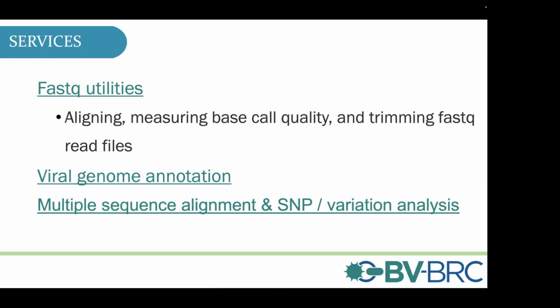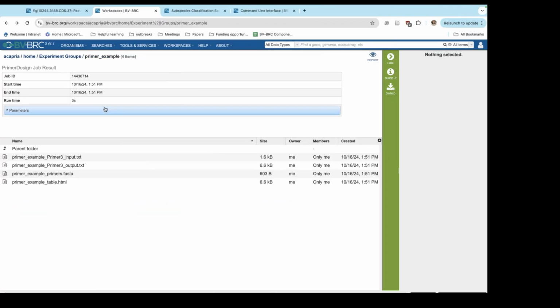Then we also have some services like Fastq Utilities, viral genome annotation, multiple sequence alignment, and SNP variation analysis. You can use Fastq Utilities for aligning, measuring base call quality of reads, and trimming Fastq read files. Viral genome annotation uses VIGOR4 for the annotations, and we talked about the multiple sequence alignment a bit last week.